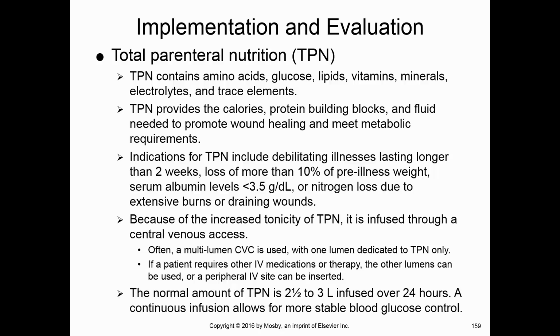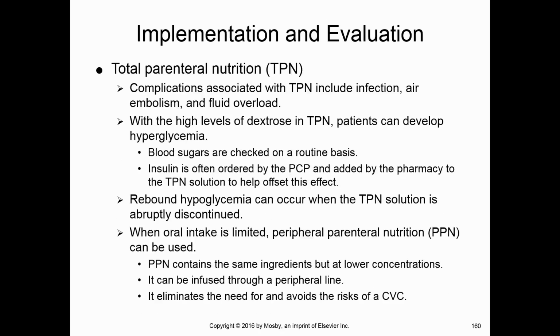Whatever the doctor thinks, he'll order this TPN, and he will actually order what amounts of things he wants in it, okay? When it's to be infused and all these things. So Phyllis McCarthy is going to come talk to us about TPN, and you guys are also going to get the opportunity to go to Hillside, to help her with her patient who gets TPN. So this will be a great learning experience, okay?